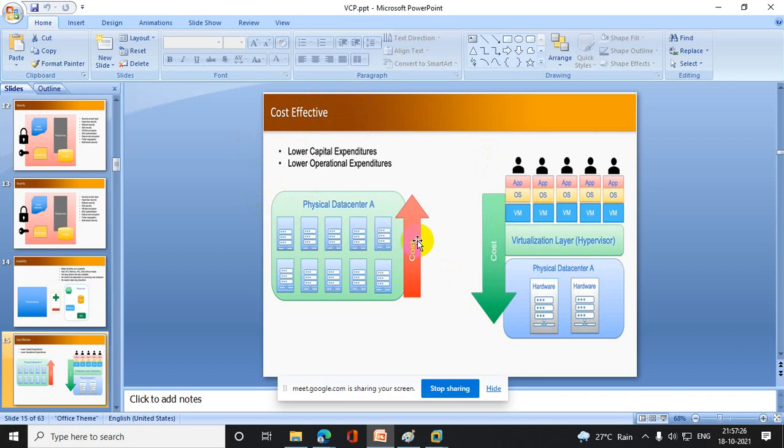See, who first developed the cloud? Do you know who first developed the cloud concept? Amazon. Amazon first created the cloud concept. In 2007 or 2008, I think 2008, Amazon came with cloud options. At that time in India there was no company using the cloud.